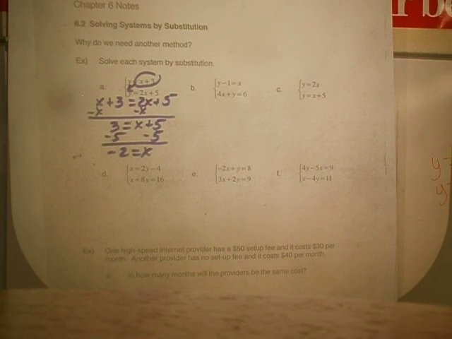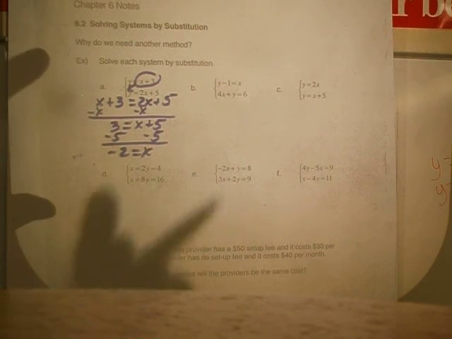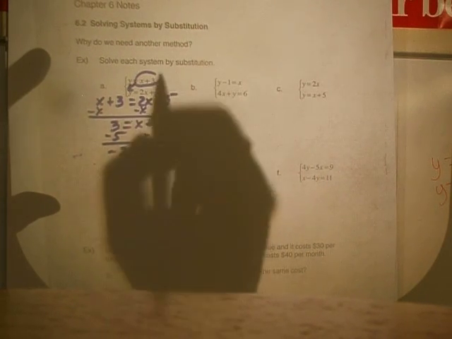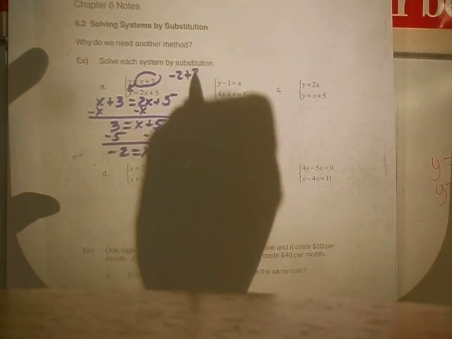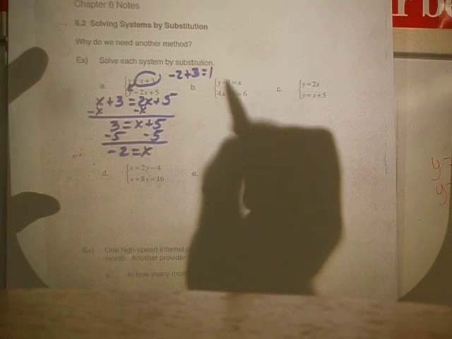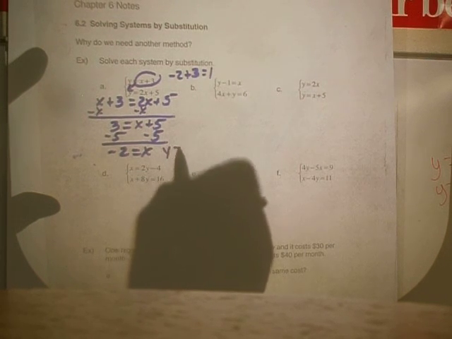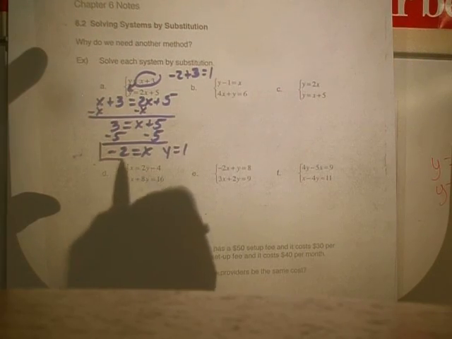So we came up with the value for x. Now we need to put that back into either one of those equations. You can pick which one you think looks easier, and I think this first one looks easier. So if we put that -2 in there, plus 3, we get 1, and our y value is 1.